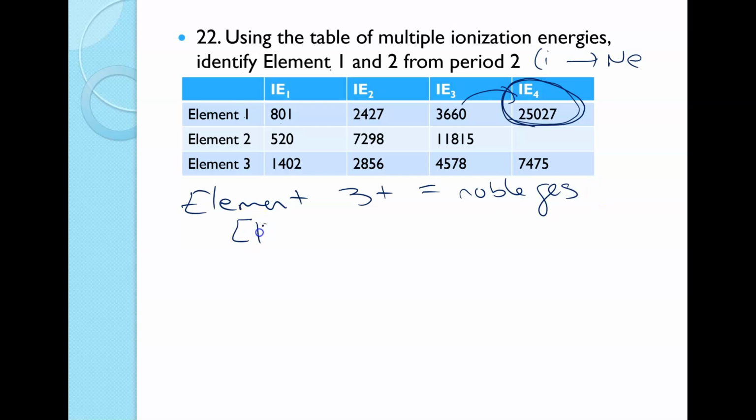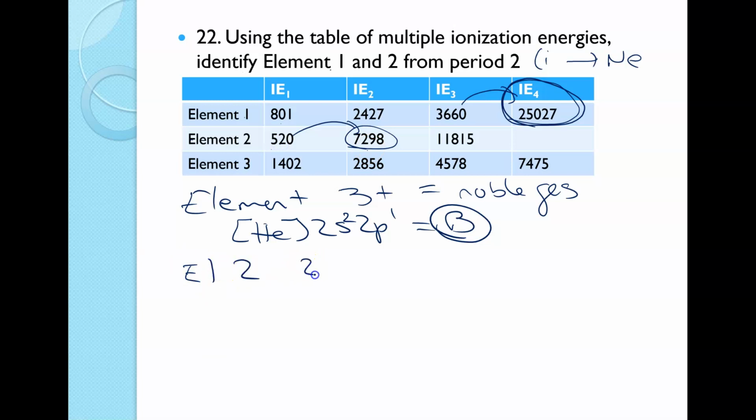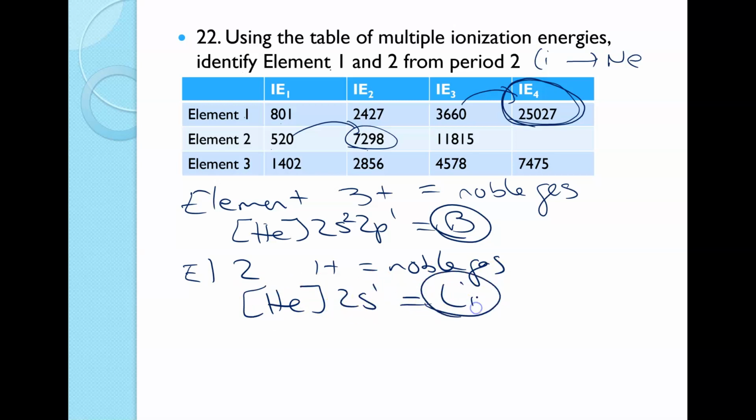The noble gas is helium, 2s2 2p1 is boron. Element 2 has a jump from 520 to 7298. That's a huge jump. That tells me that element 2, when it's a 1+ charge, is a noble gas. So we're looking at helium 2s1, which is lithium.